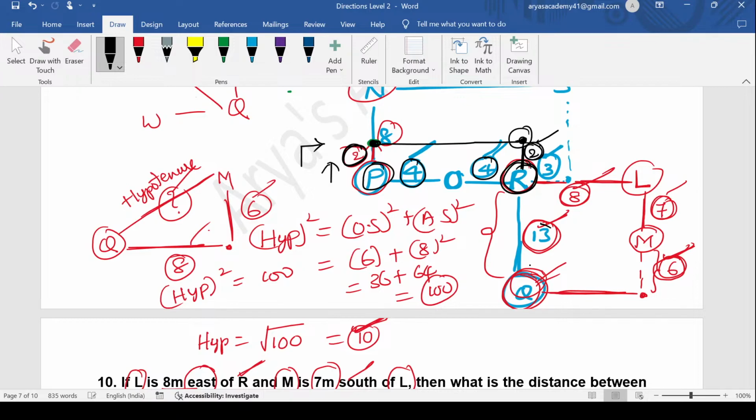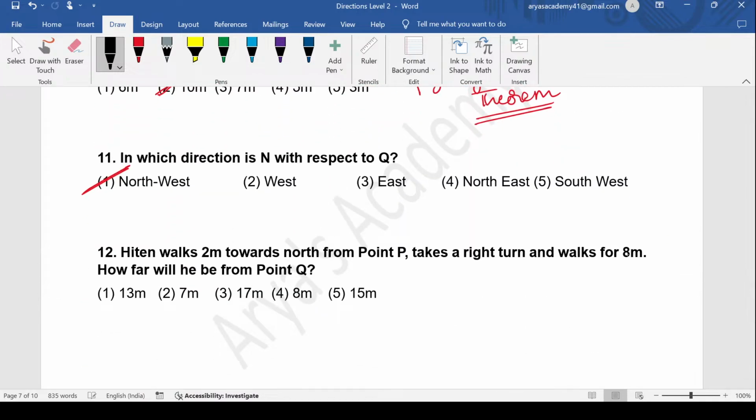And between R and Q, there is again a distance of 13. So to 13, you have to add how much? 2. Because there is an additional distance between R and the final point. So finally, the total distance will be 13 plus 2, which is nothing but how much? 15. So the distance between the person Hithane and Q will be 15 meters, which is option 5.